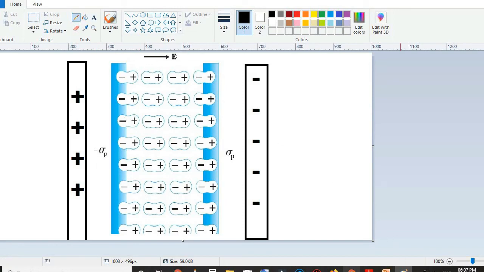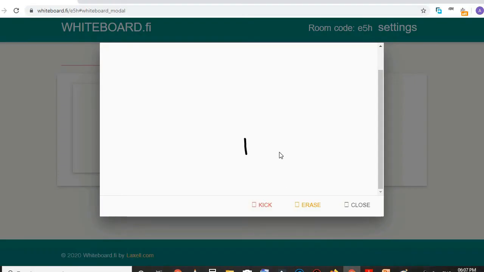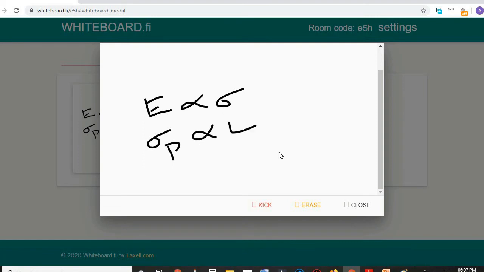Thus, what can I say? When sigma increases, E will increase. When E increases, sigma P will increase. When sigma P increases, sigma minus sigma P will increase.